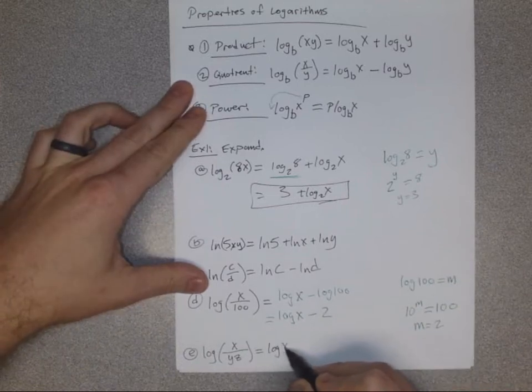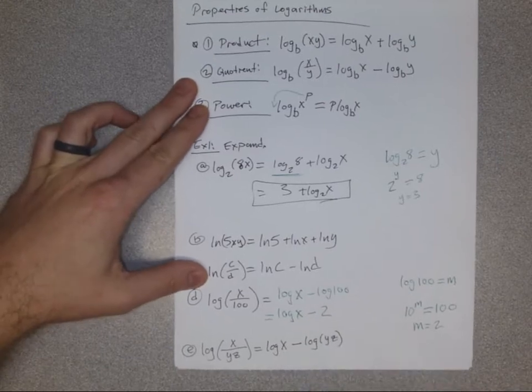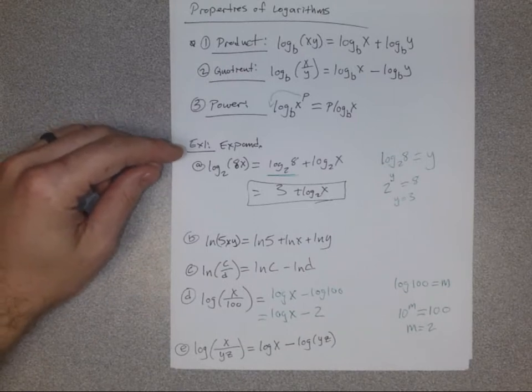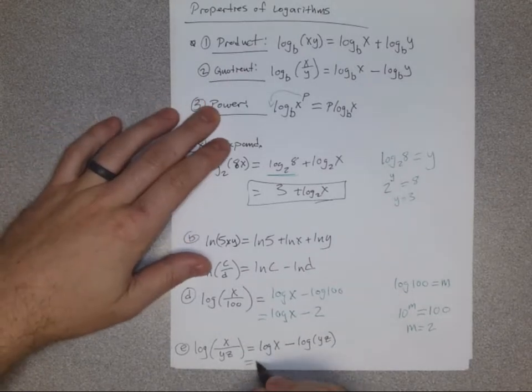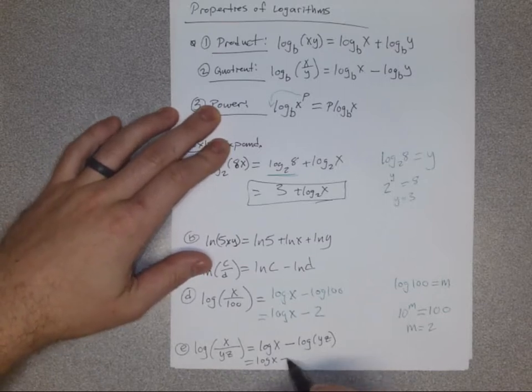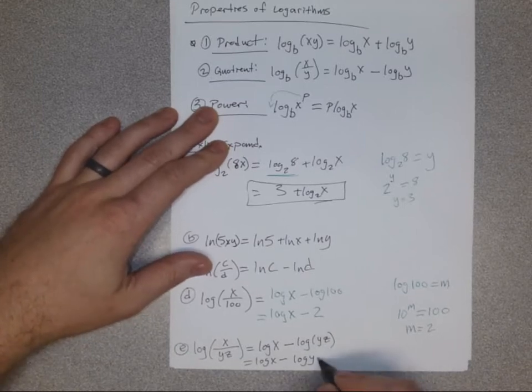Log of x minus log of y times z. All right, and then this is equal to log of x minus log of y. Because we're multiplying two things here, we can break them apart and add them. Log of z.